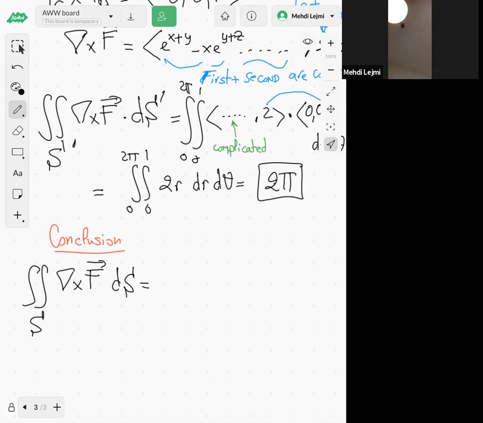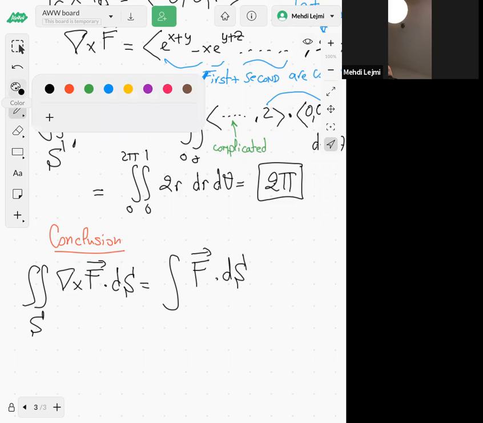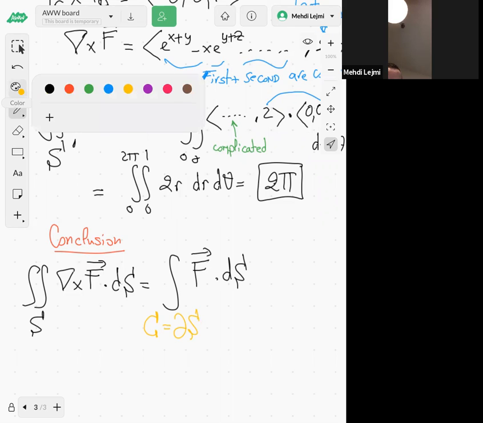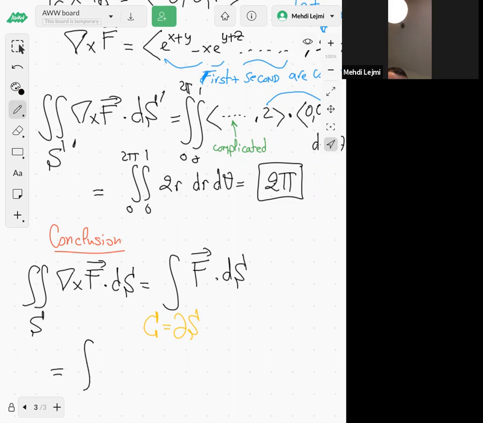Then by Stokes theorem, this is just the vector line integral of f along the boundary of S, which is C, the circle x squared plus y squared equals 1. That's the boundary of S. But this was also hard to evaluate.